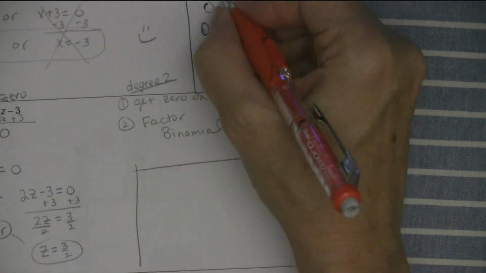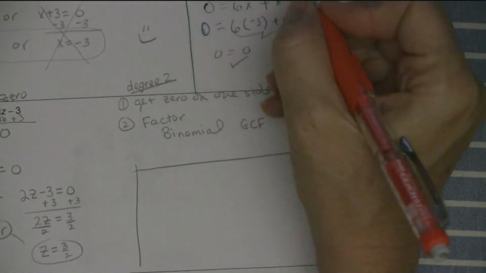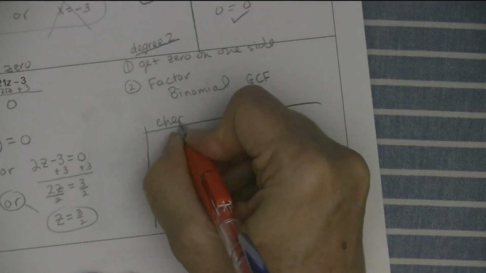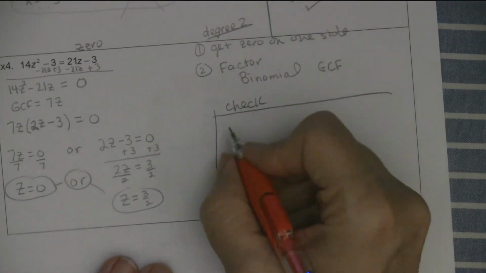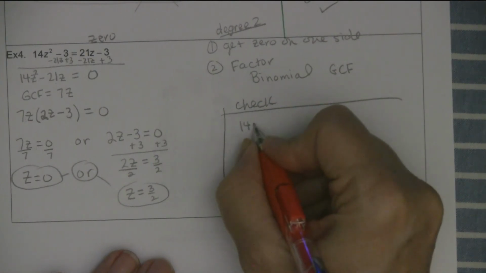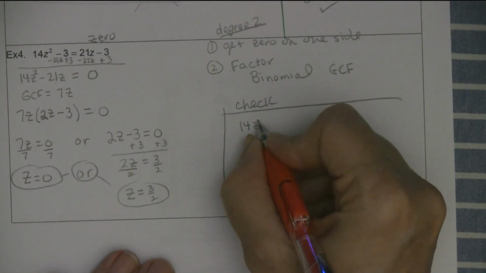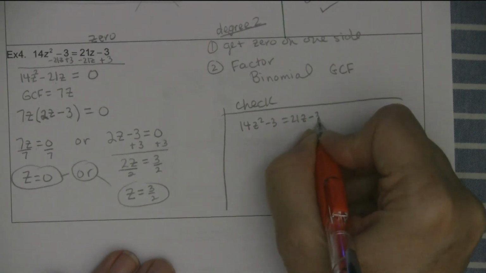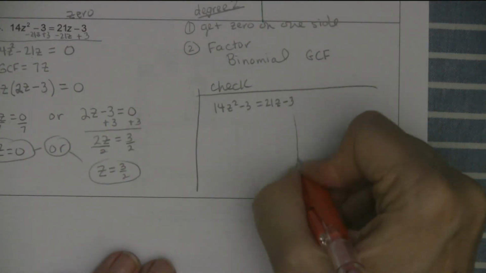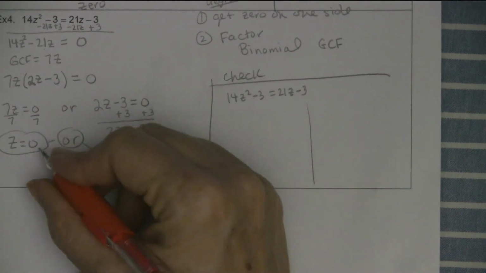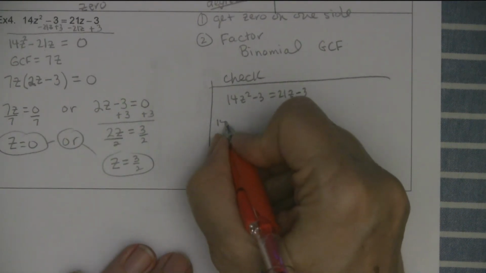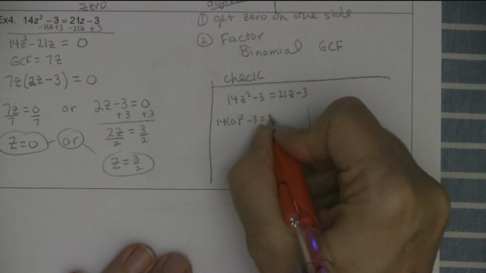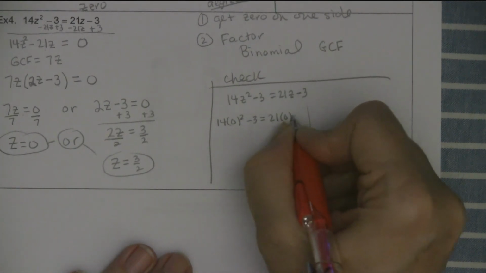So here I am checking. So I wrote up there, check, check, check, check. Okay, so this one, 14z squared minus 3 equals 21z minus 3, right? I'm going to have to check both answers. So when I check 0, this is going to look like 14 times 0 squared minus 3 equals 21 times 0 minus 3.